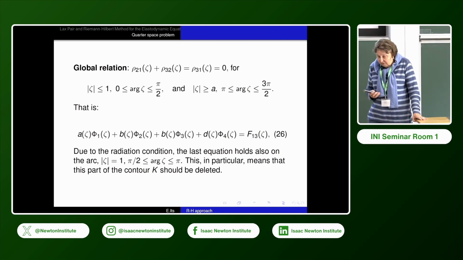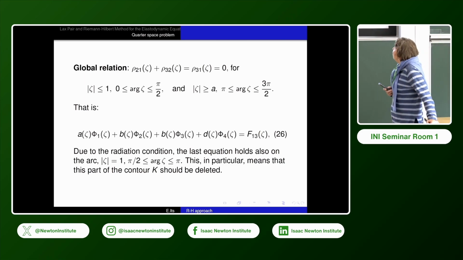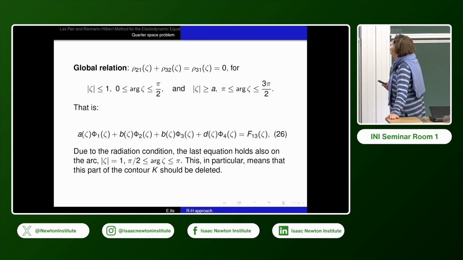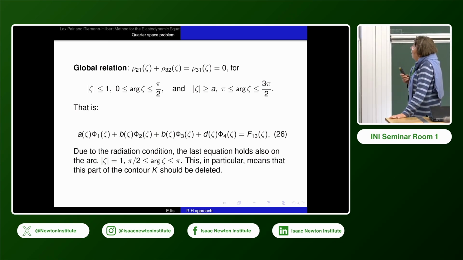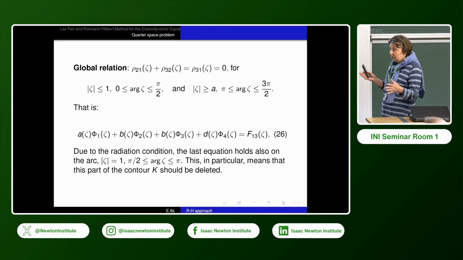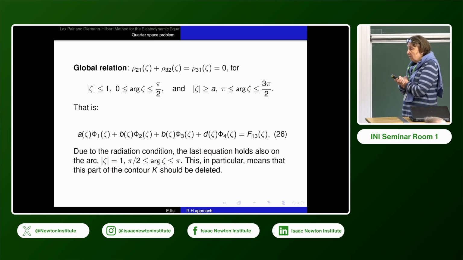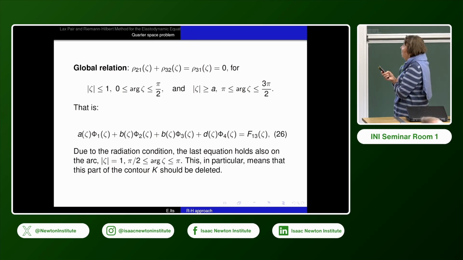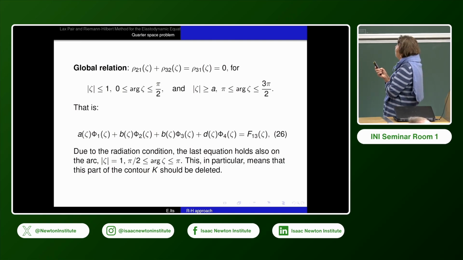We need something, and this something is the second component of Fokas's scheme, the global relation, to actually decrease and eliminate the number of unknown functions, and to write the jump conditions. So we write the global relation in the region of the complex plane Z where two of the particular solutions are analytic.